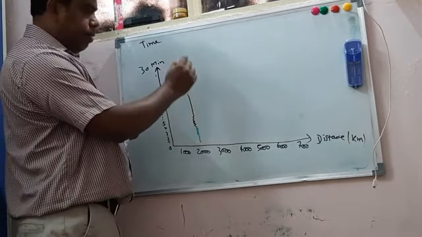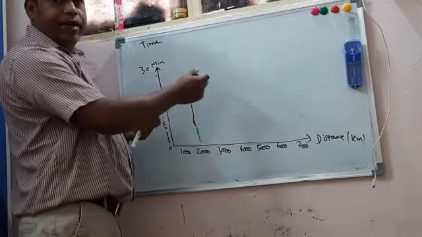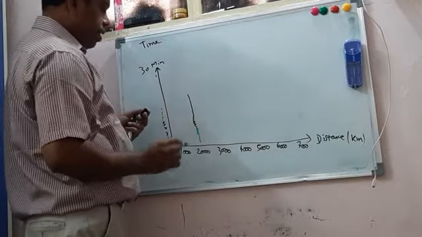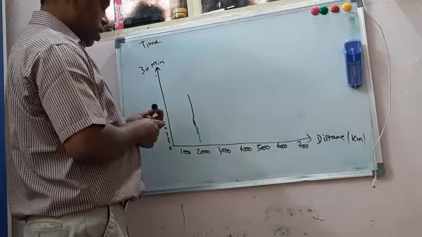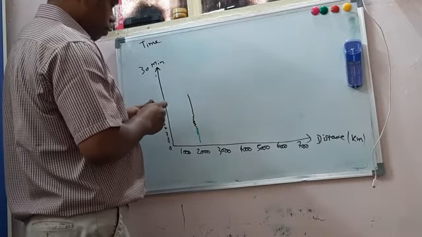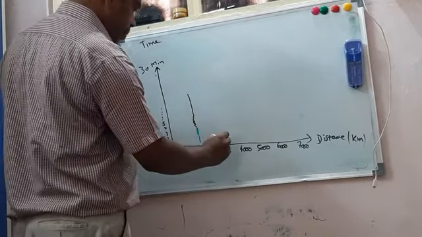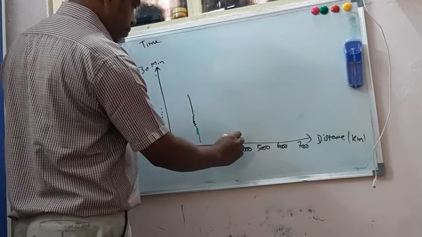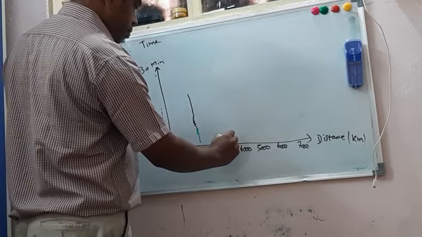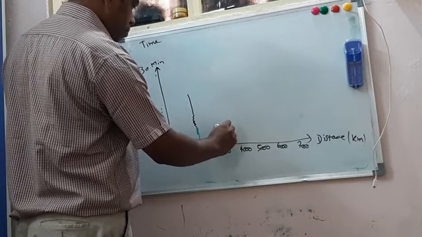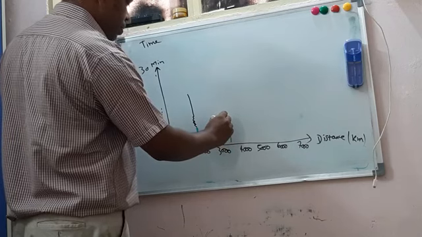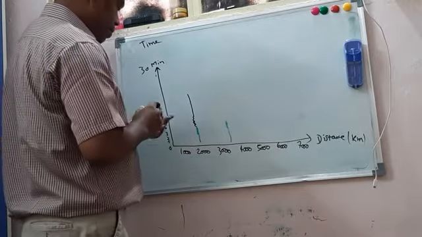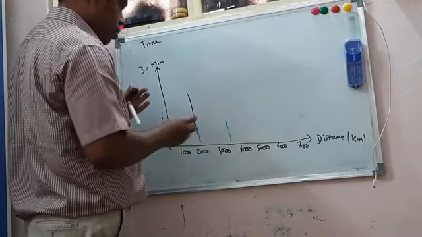I'm going to skip Love waves and Rayleigh waves. Now the P wave started, and then the S wave is going to start.